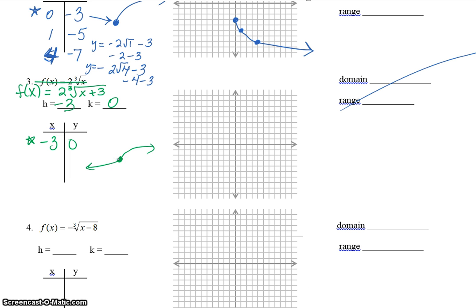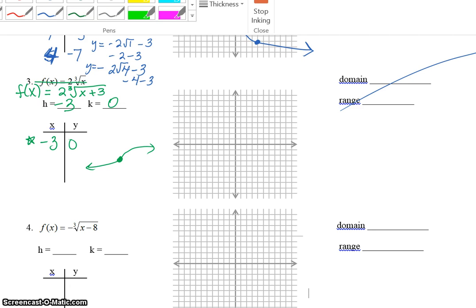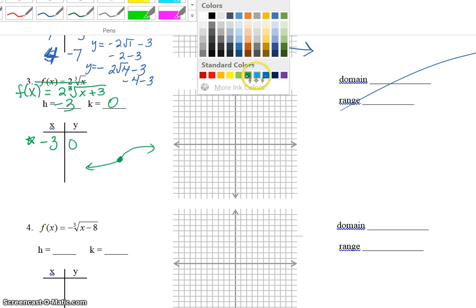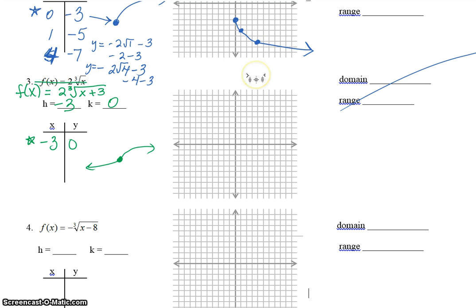So now we need some points to the right of that, and we need some points to the left of that. Okay, so the key here is trying to figure out what is going to make a perfect cube inside there so that it's easy for us to deal with, so we can do this without a calculator. Okay, well, what are our perfect cubes?